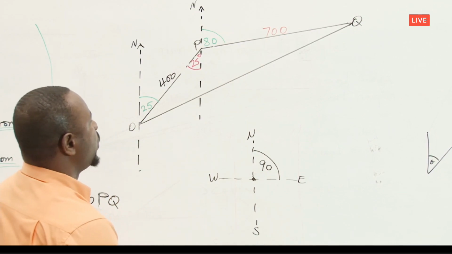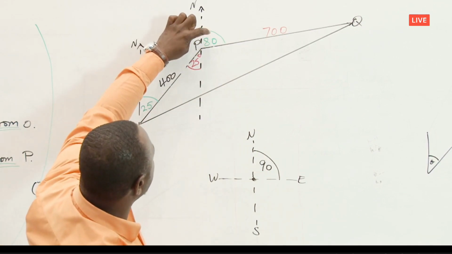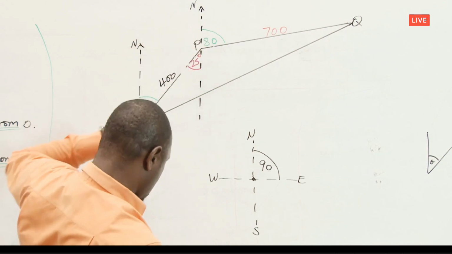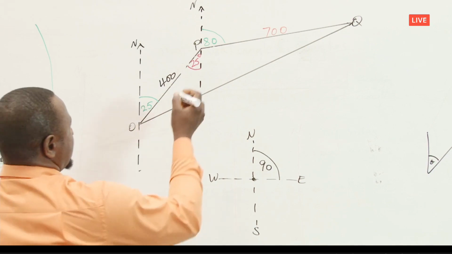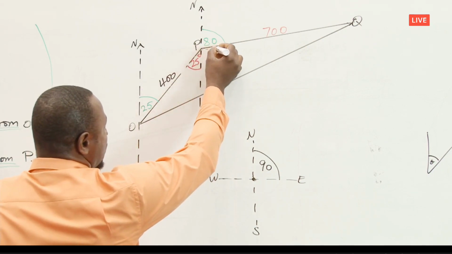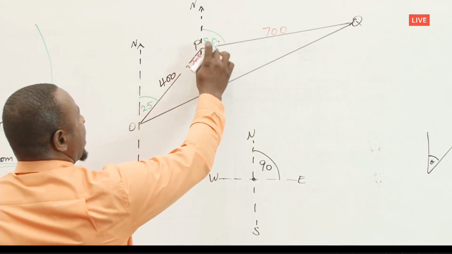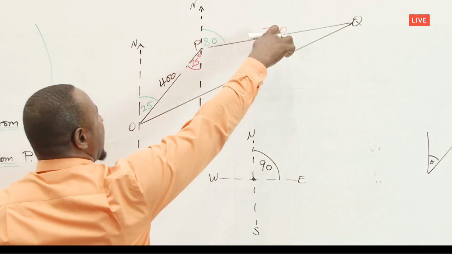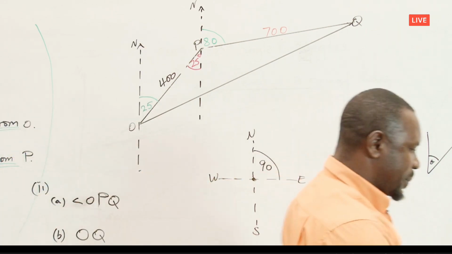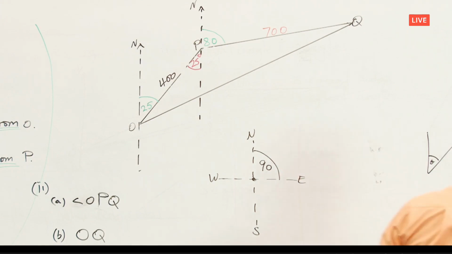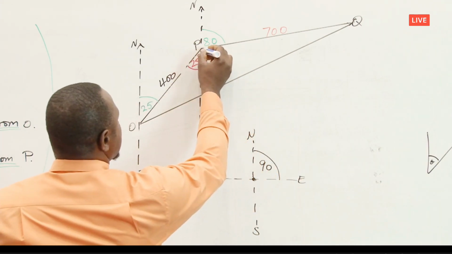Okay? We can appreciate that if up here only give us 80 degrees, then there is a 10 degree in between here that is missing to give us the direct east movement from P. Everybody appreciate that? Let's just put that in.